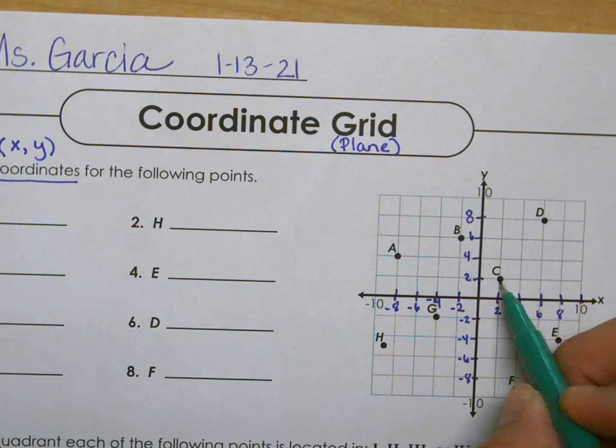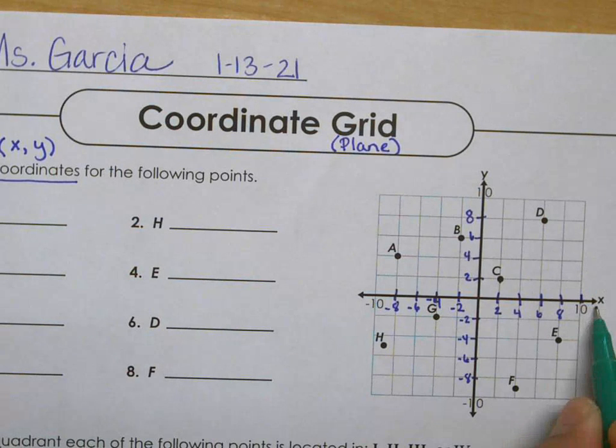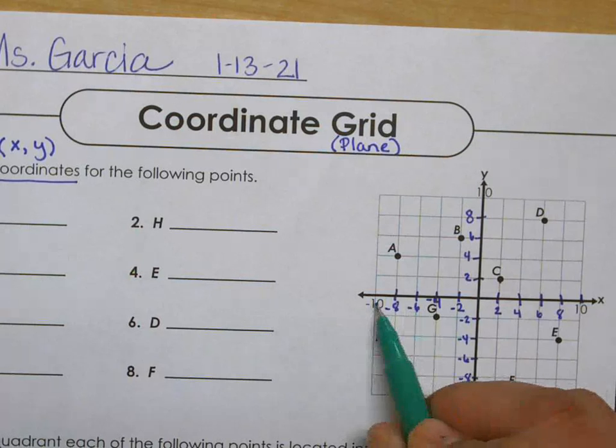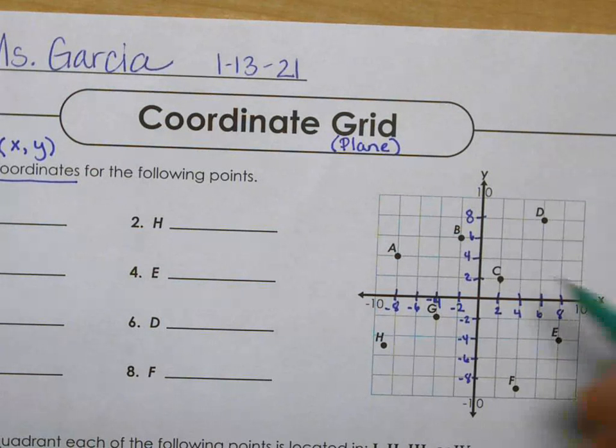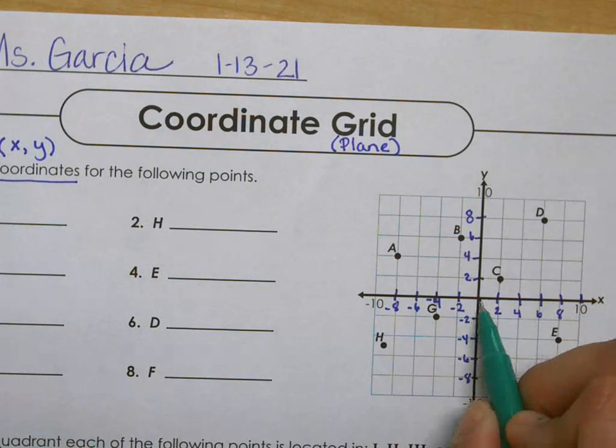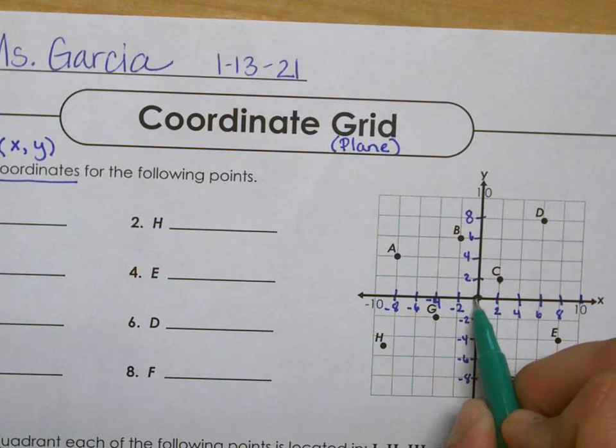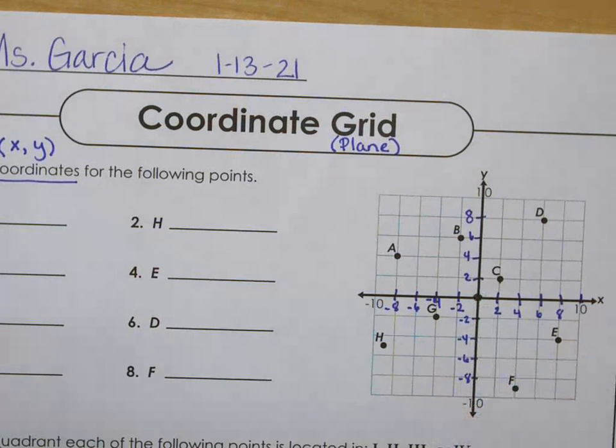So C is located right here. So remember, X is always first. So we're always going to name the number on the X-axis first before we label the Y-axis number. So we always start here in the middle at the origin. Remember the beginning.